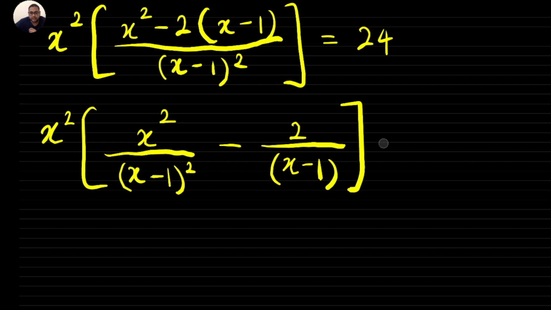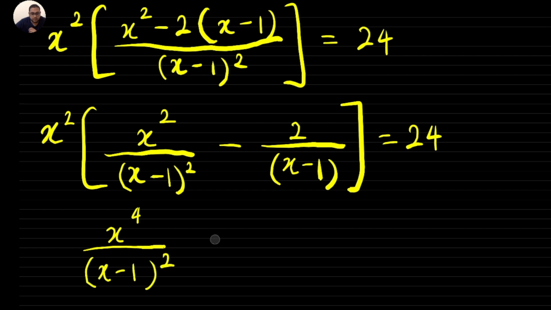You can close your bracket, and then this is equal to 24. I will multiply x squared with the two terms inside the square bracket, which means I now have x to the power 4 over (x minus 1) squared minus 2x squared over x minus 1 equals 24.